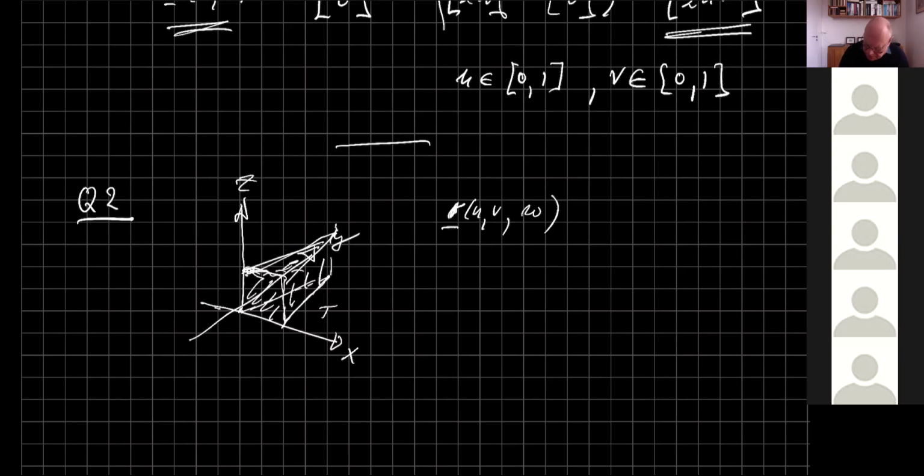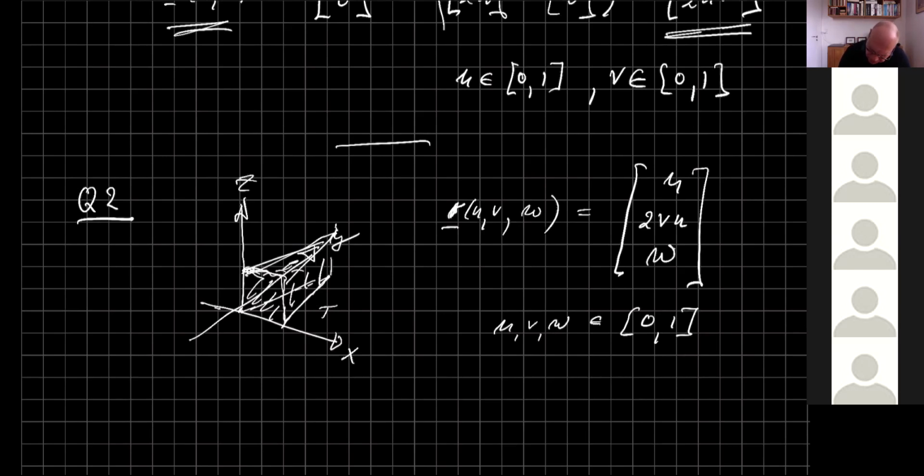Now I have a third parameter to describe this solid. For the first 2 coordinates, I can use the same. I have u, I have 2u. And in the third direction, I simply use the z coordinate. Call this w. And then you have that all the parameters u, v, w belong to the unit interval, 0 to 1.